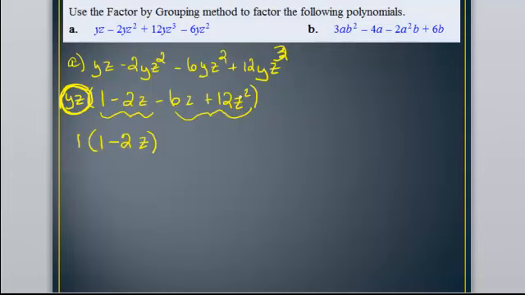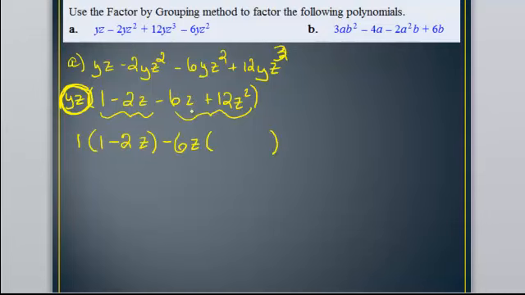Okay, now over here, I need this to look just like this one, 1 minus 2z. Well, I have a minus here where this is a plus. I have a plus here where this is a minus. So I need all these signs to change. Well, if that's supposed to happen, I need to factor out a negative. I know I can factor out a 6, and I can also factor out a z.